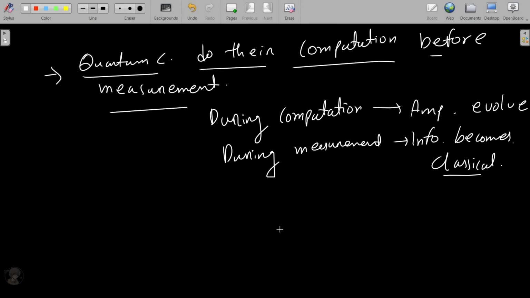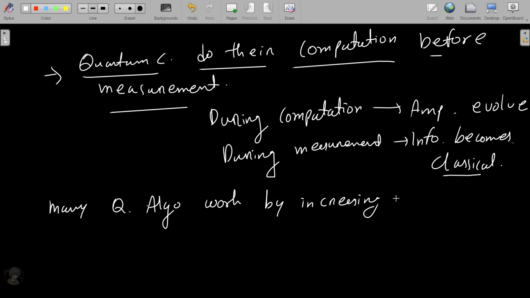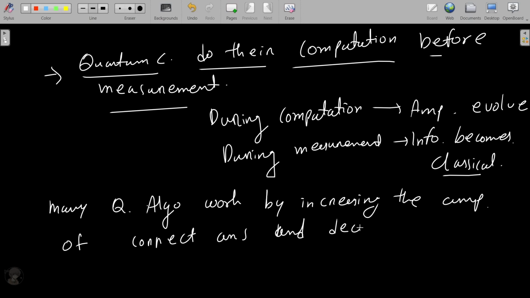Many quantum algorithms work by increasing the amplitude of the correct answer and decreasing the amplitude of the wrong answer.